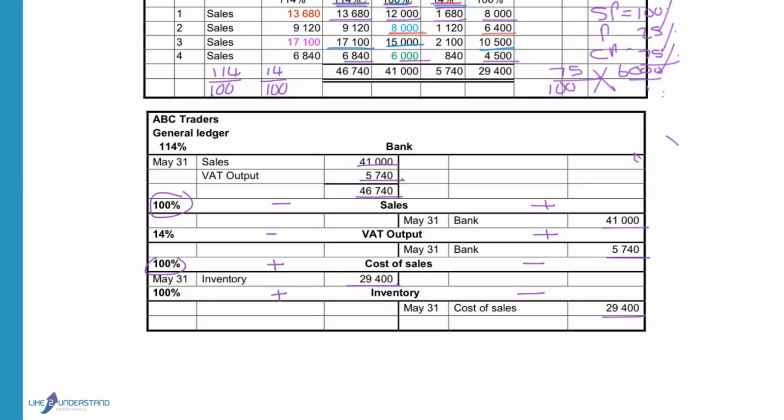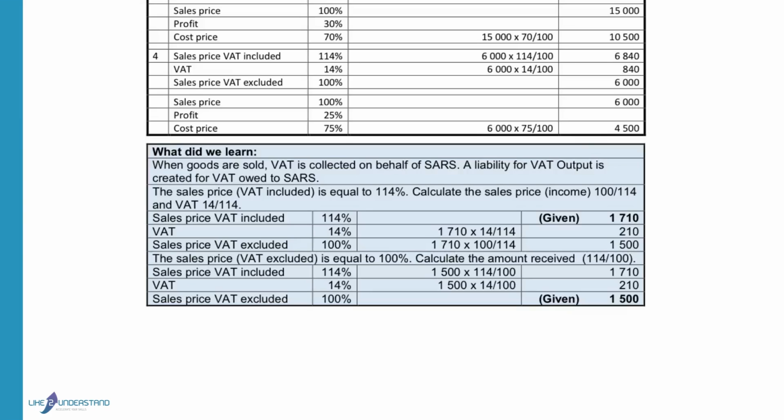So the only accounts that will be 114% accounts are bank, debtors control, creditors control. All your other accounts will be 100% accounts. There will be no VAT in those ledger accounts. And then we will have the VAT accounts, VAT input, VAT output, and VAT control. That's 14% accounts.